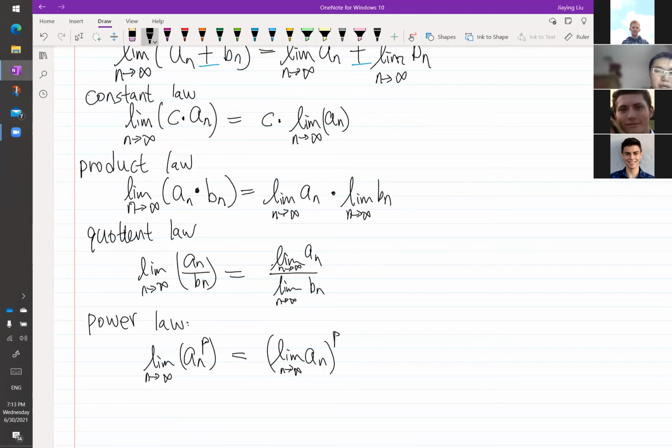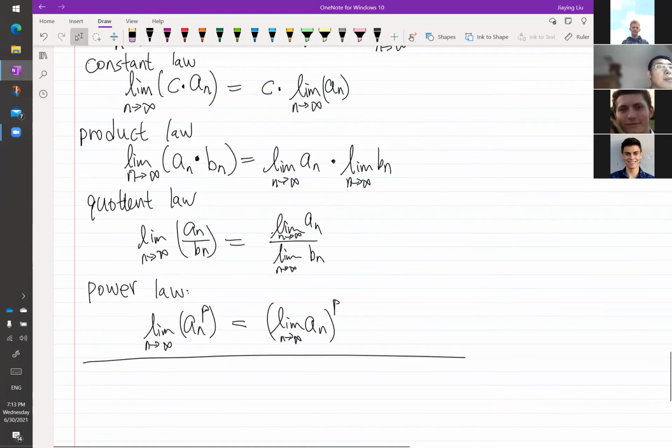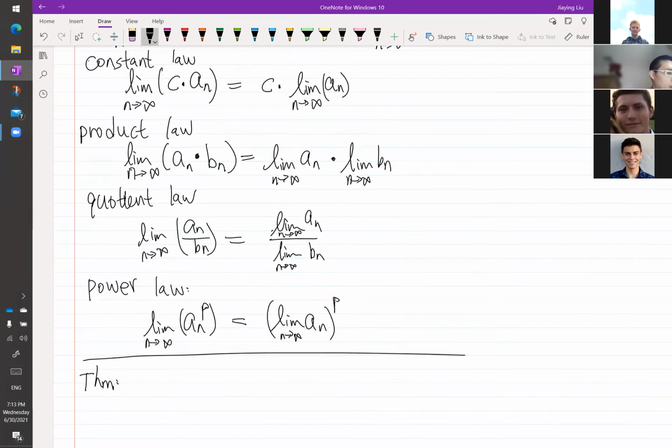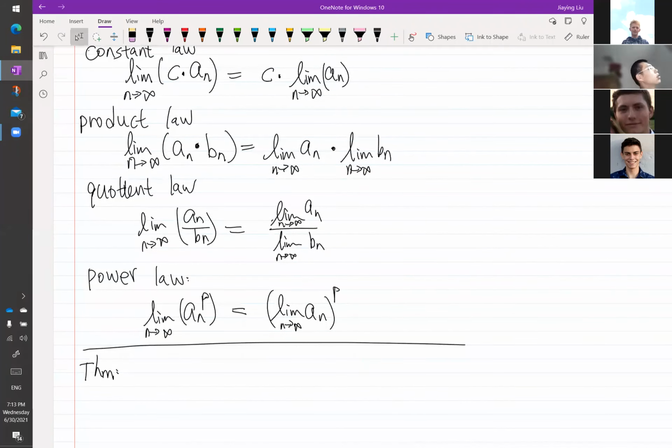Now, those are the properties. The next part is the theorem. I'm going to write down this one, then I'm going to write down another one before we jump. Oh, that's three theorems. Let me write down all of them.